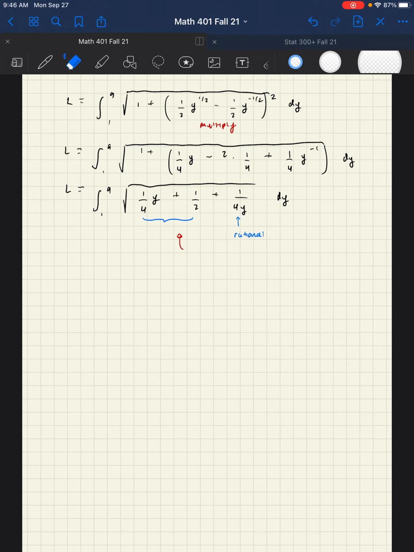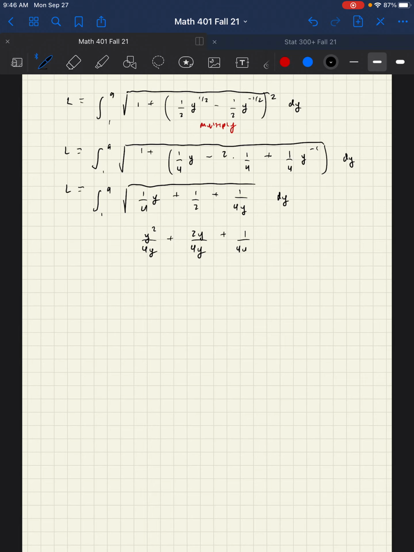But no matter. The other thing we could do is we can try some other thing where we take this polynomial, we actually combine it into a rational expression. So we're going to combine it all into one rational expression. So what's the least common denominator here? 4y. So multiply the first term by y over y.